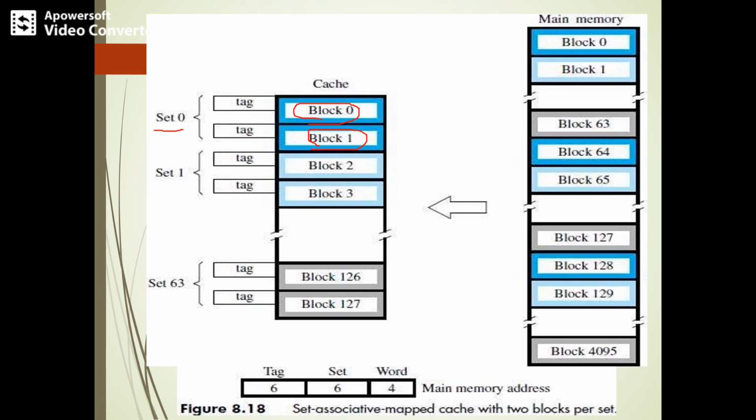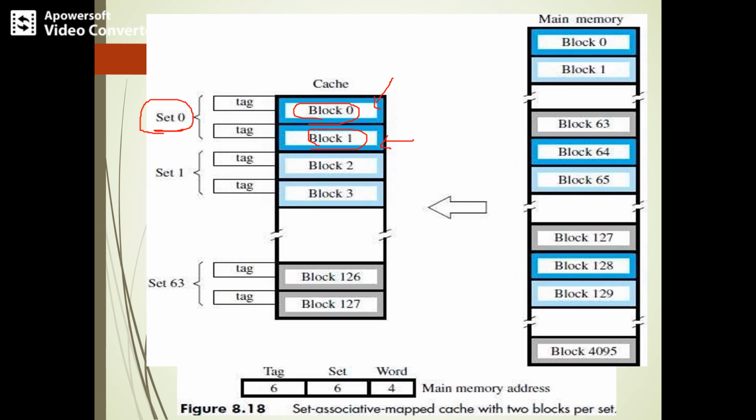And the mapping function allows a block of main memory to reside in any one of the blocks within the specified set. So if I need to map to set 0, the set associative mapping function allows me to map the block of information from the main memory either into block 0 or else block 1.